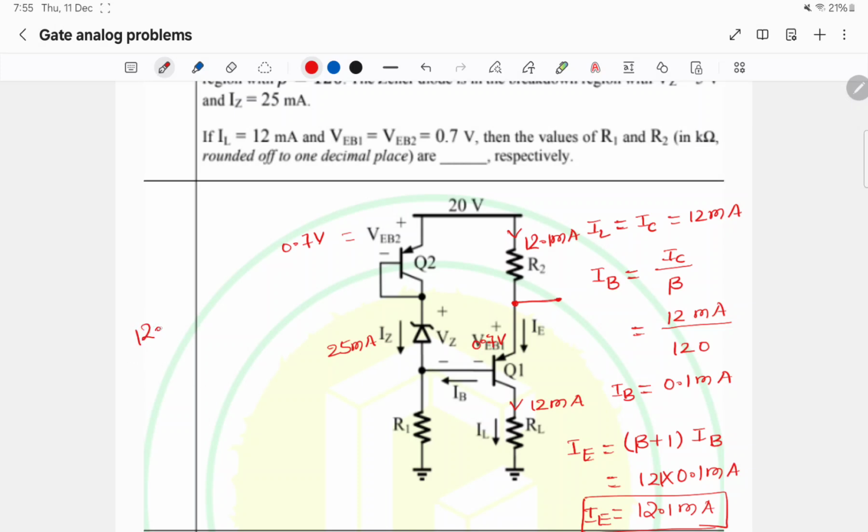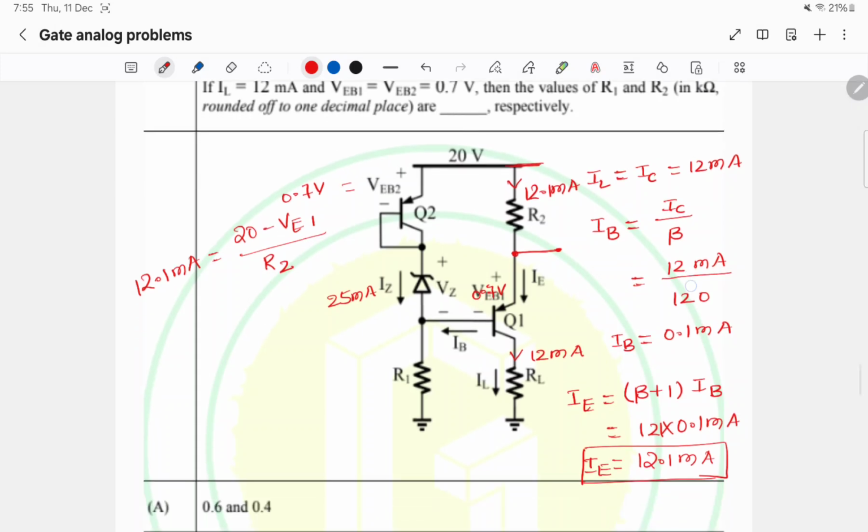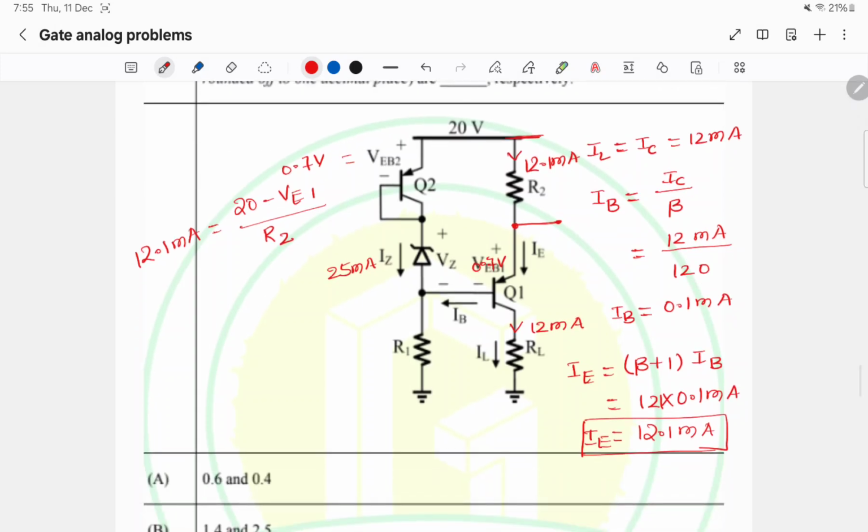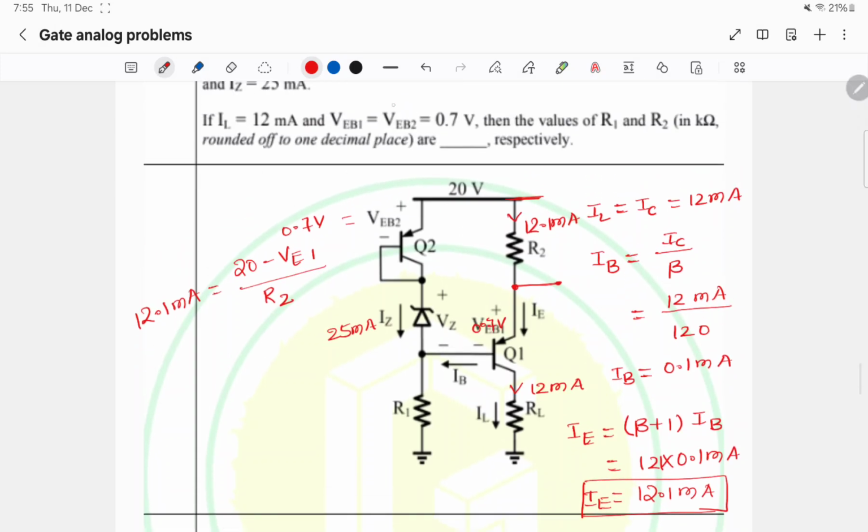We know the current flowing is 12.1 milliamps, and it is the supply voltage 20 minus VE1 by R2. To find out R2, we should know VE1. We have a 0.7 volts drop here, VEB2.